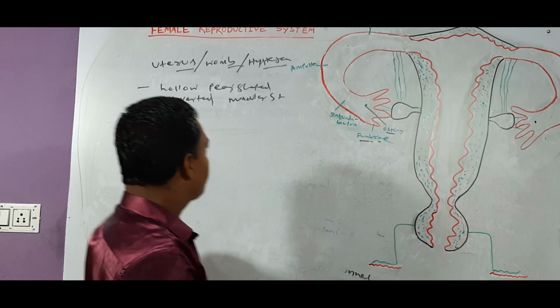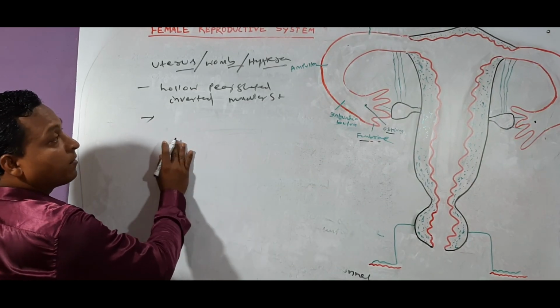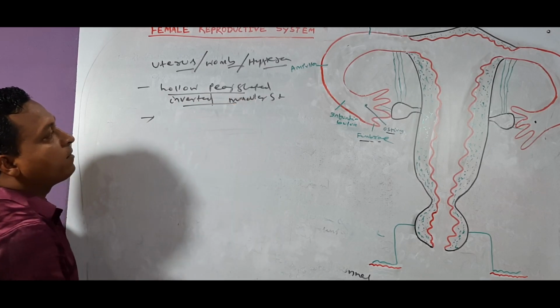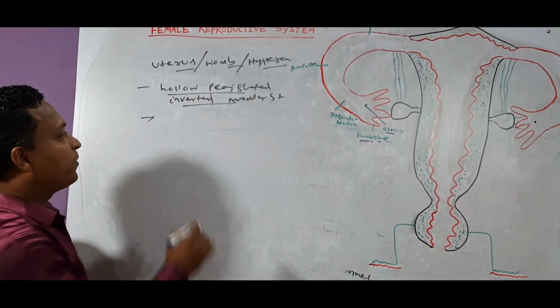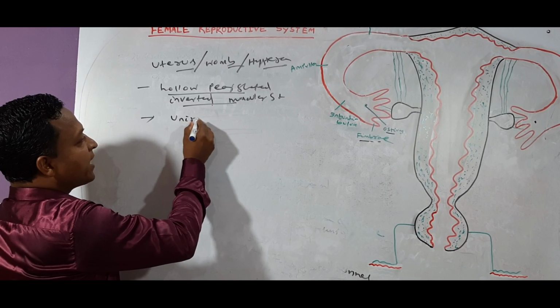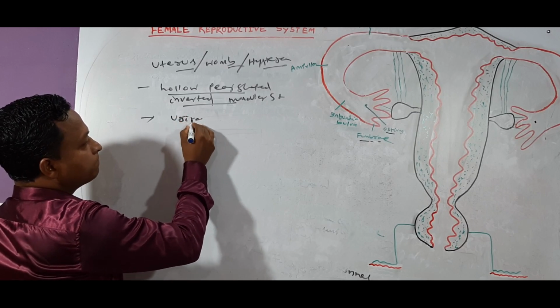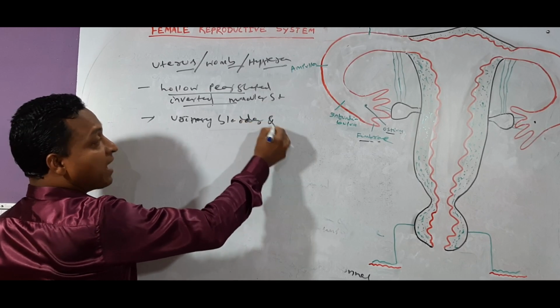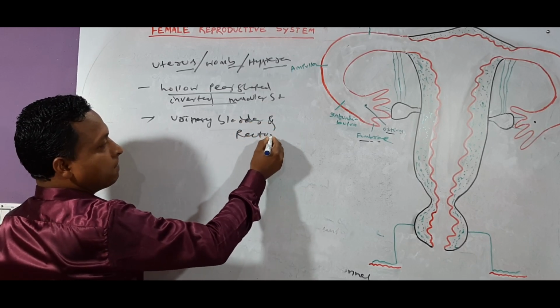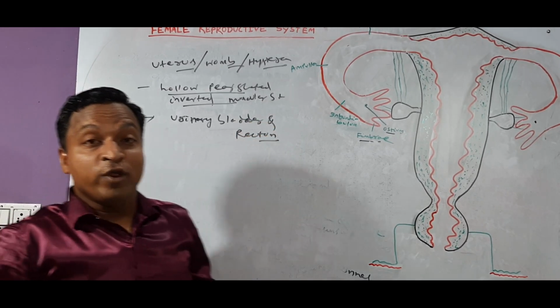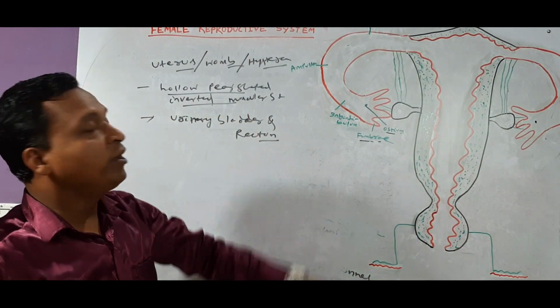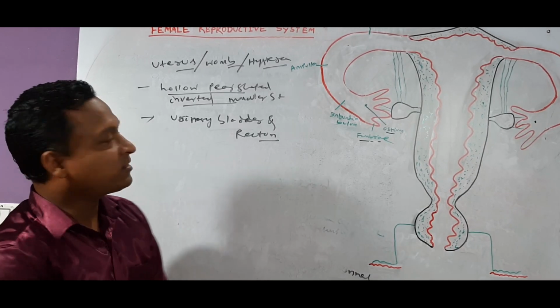It is a hollow, pear-shaped, inverted muscular structure. It is found between the urinary bladder and rectum. In between them, the uterus is found.